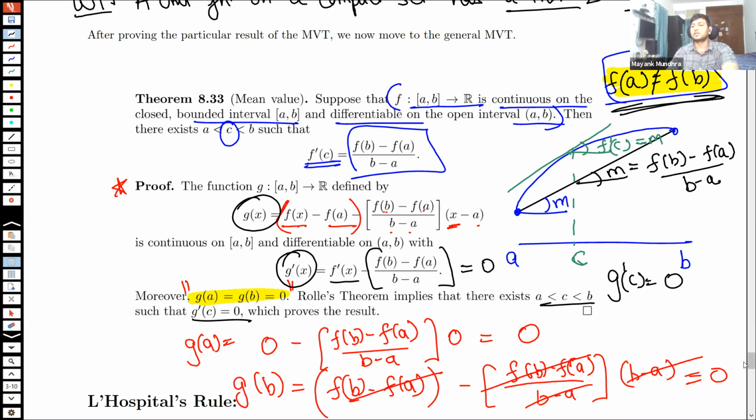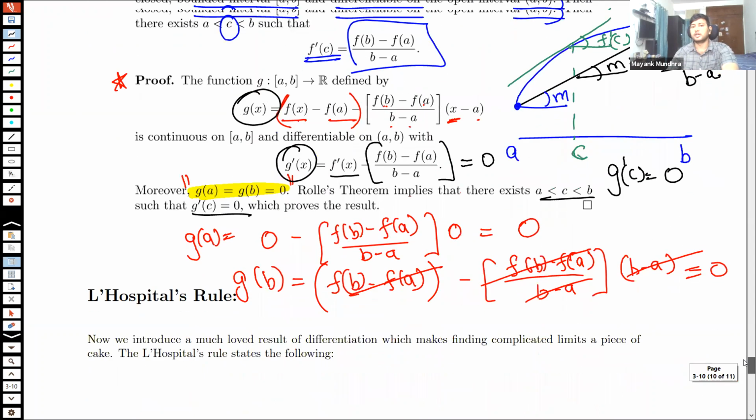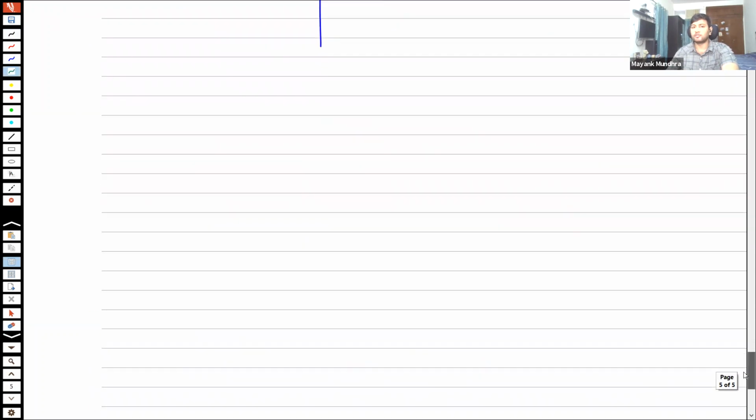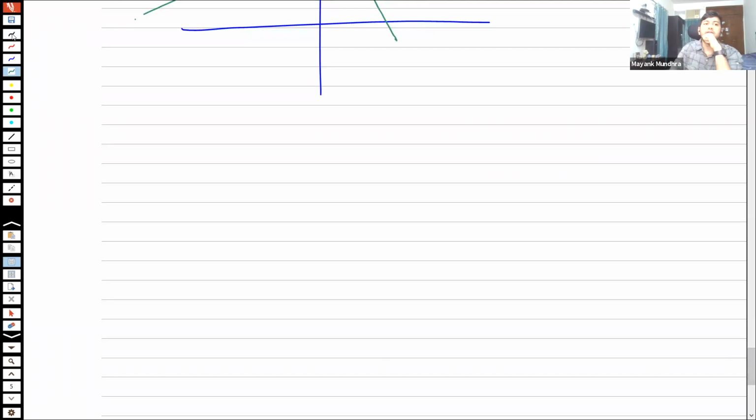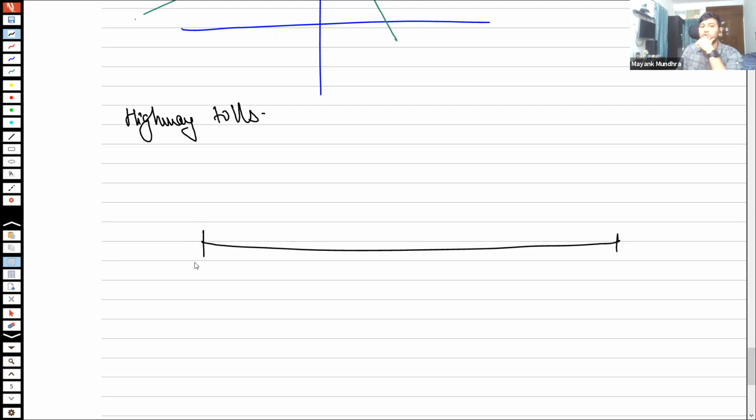Okay. Now, one very interesting application of Rolle's theorem is on highway tolls. So suppose you have two tolls on, let's say, Yamuna Expressway.